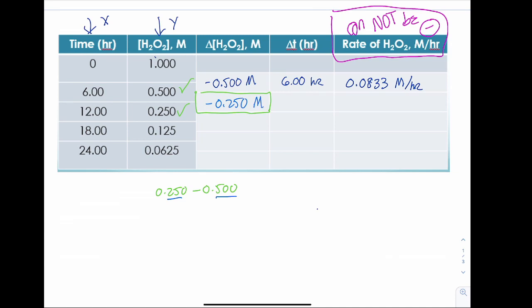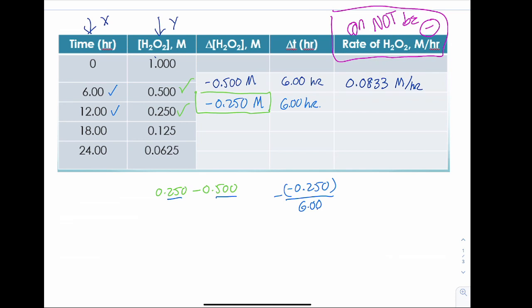To calculate my time, I'm going to use these two. So 12.00 hours minus 6.00 hours gives me 6.00 hours again. And then to get my rate, we're going to divide those. I'm just going to ignore the negative, but if you want to do this, by all means. I do have molarity on top and hours on the bottom.